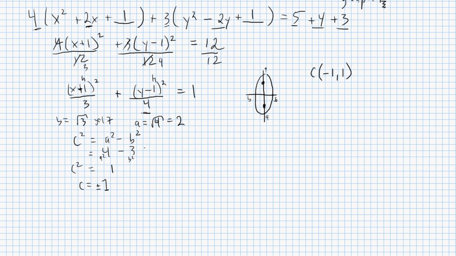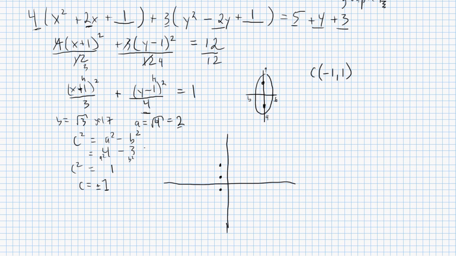Very good. Now we can go ahead and begin to make our graph. This will help us picture what the other values are, the vertices and the focal points, and get the coordinates of those. So first off, the center was -1, 1. So left 1, up 1 is the center. And the A value is 2, and it's vertically oriented, so I'm going to count up 2 and down 2 in order to find those points.